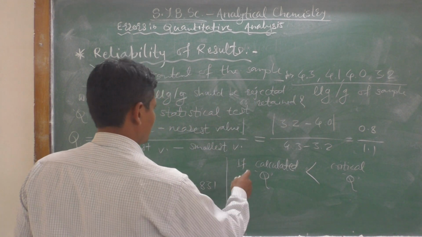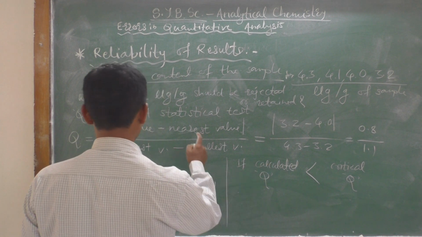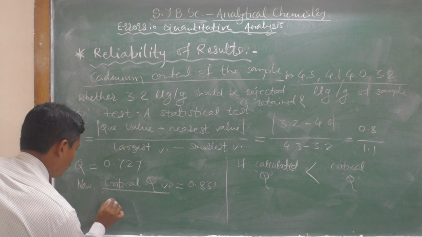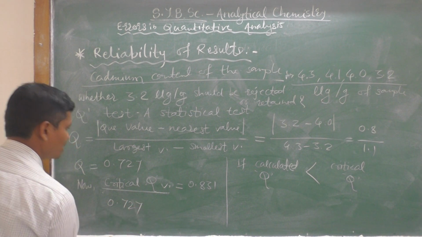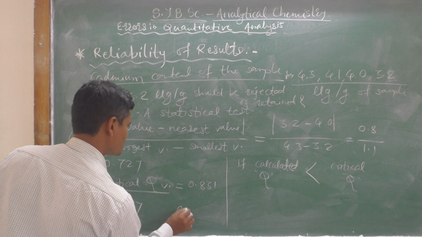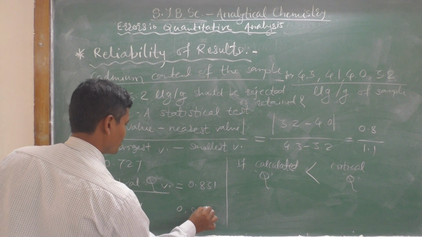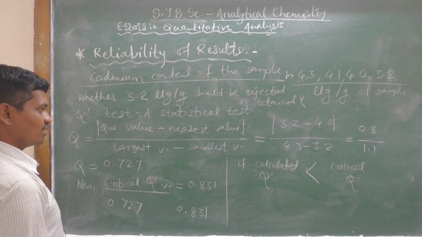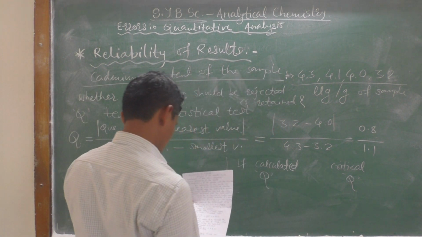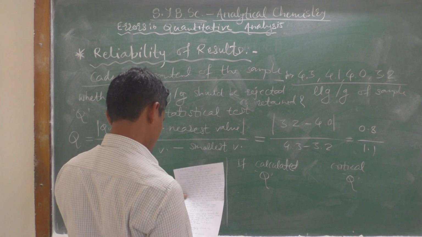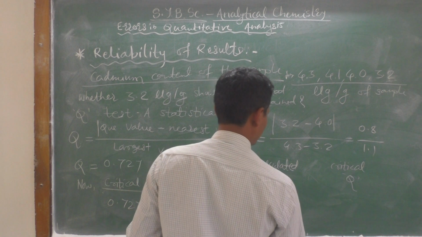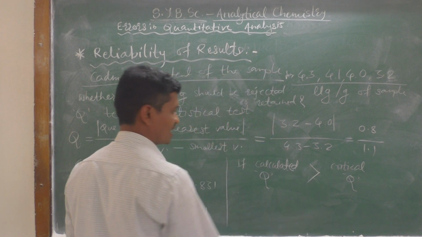Now here the calculated Q value is 0.727 and the critical Q value is 0.831. Sorry, here it is reversed.